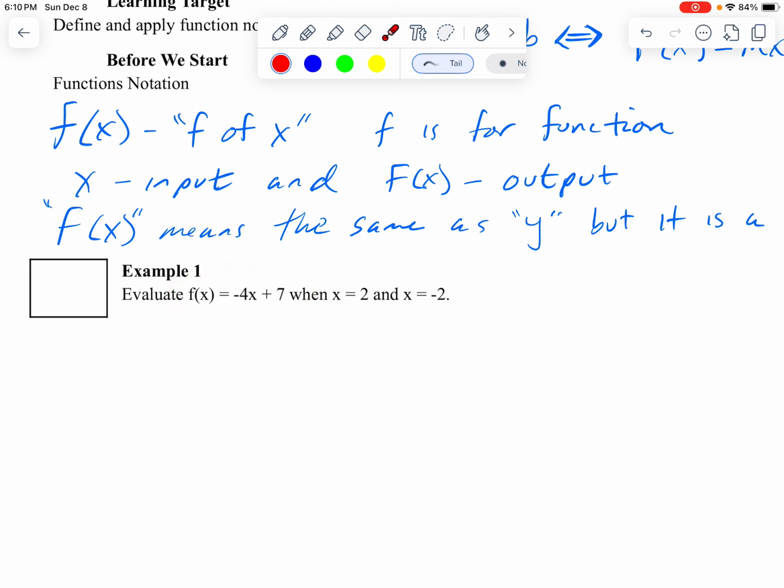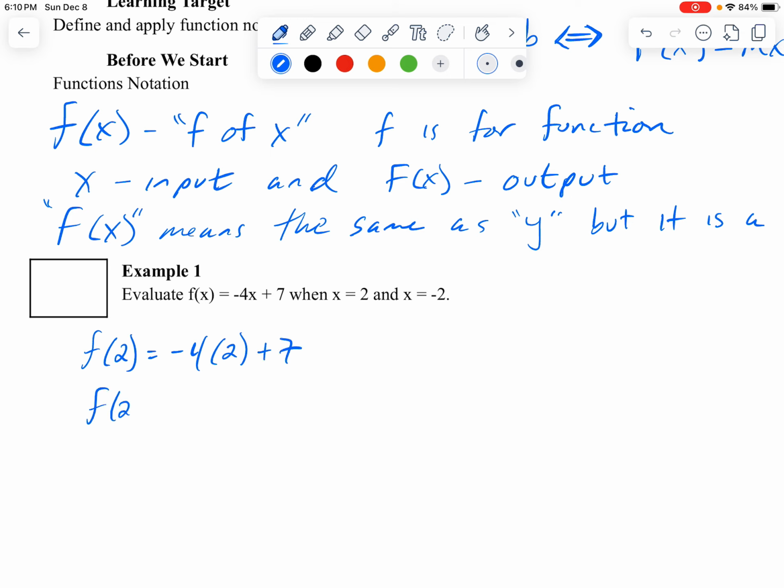Instead of x, we're just going to plug in 2. And notice how this says f of x. So when x is 2, we're going to rewrite this a little bit differently as well. We say f of 2, since we know that x is 2. So negative 4 times 2 plus 7.